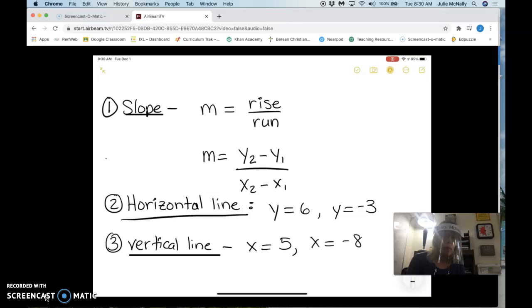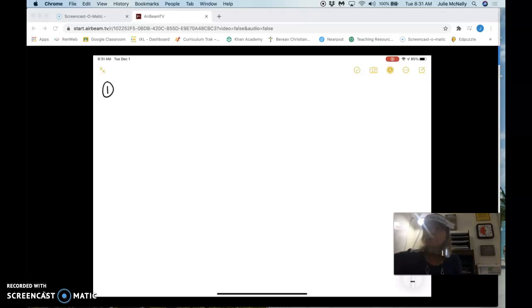So we're going to be in the book on page 250, and we're just going to go through numbers 1 through 12, as many as we can get to. All right, for number 1 on page 250, it says, find the slope of each line. Note that each graph contains 2 lines. So you have to have your book out so you can see what I'm doing. That's for everyone in here too.